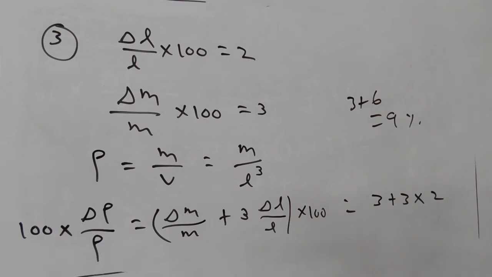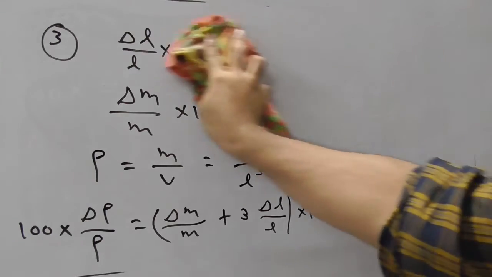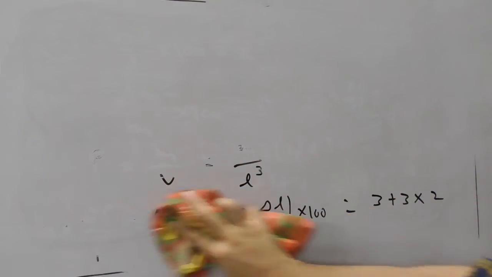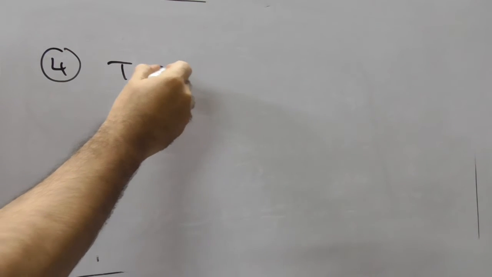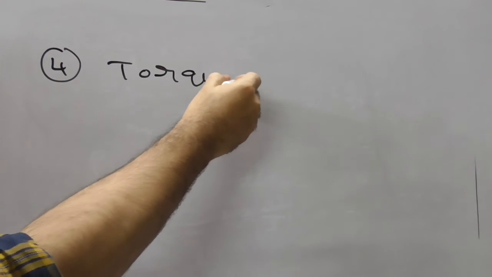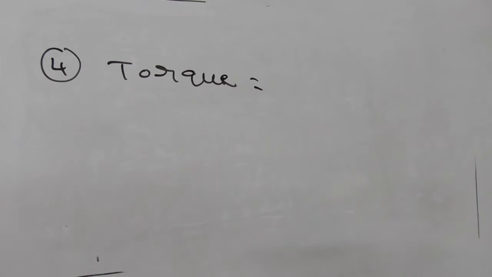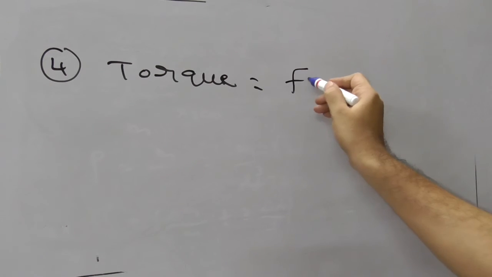Okay. Now move to the fourth question, question number 4. Solution for the fourth question, directly torque. The dimension formula for torque: torque is nothing but force into distance.